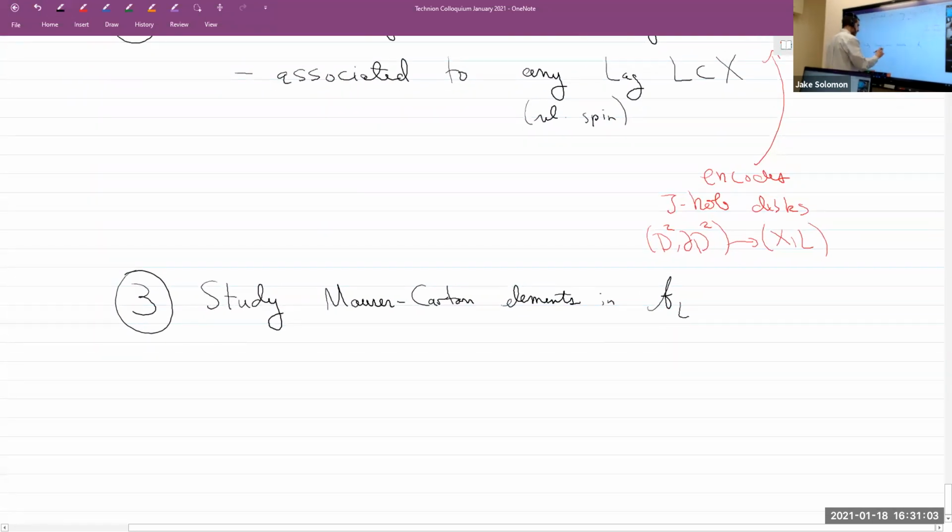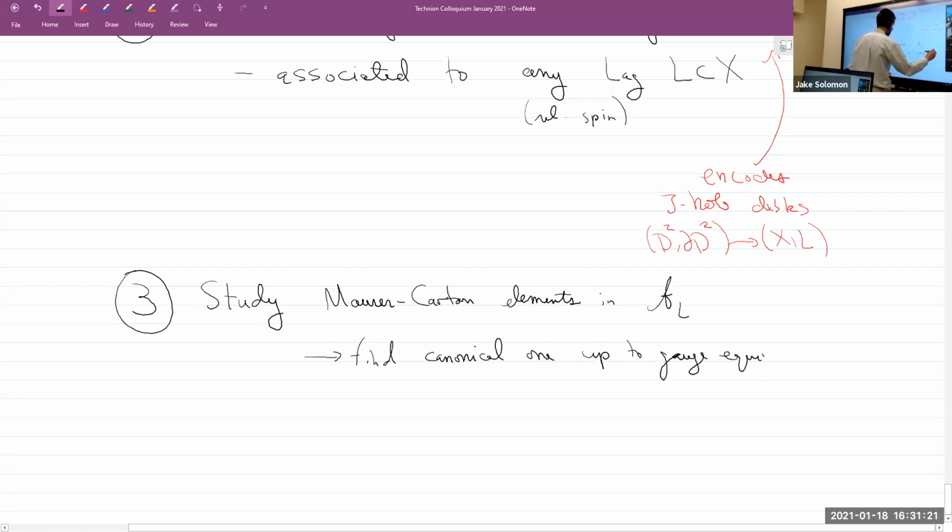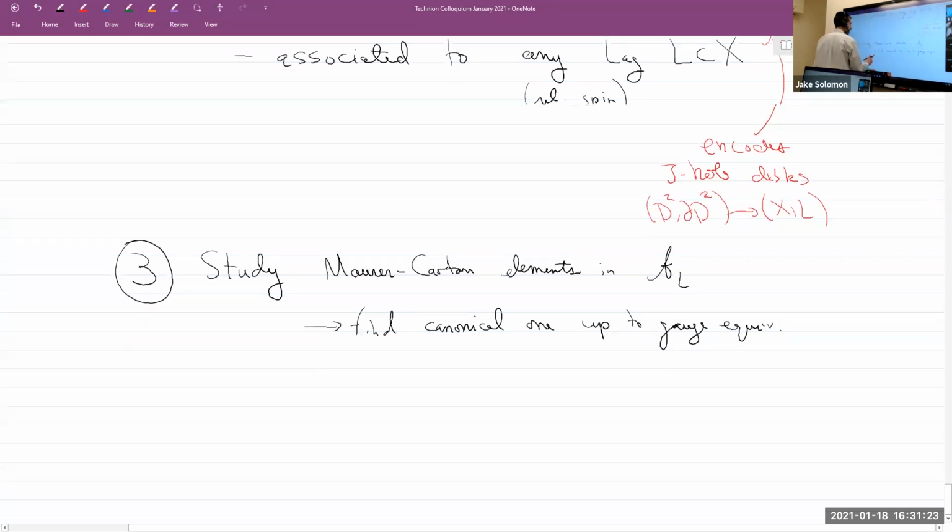It turns out that up to some natural equivalence relation, there's a canonical one, up to what you call gauge equivalence.